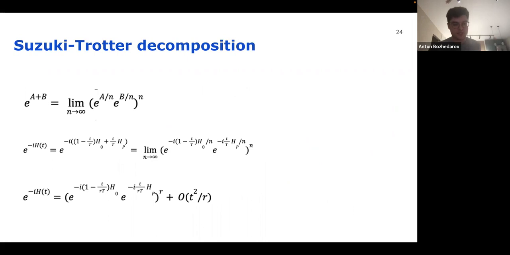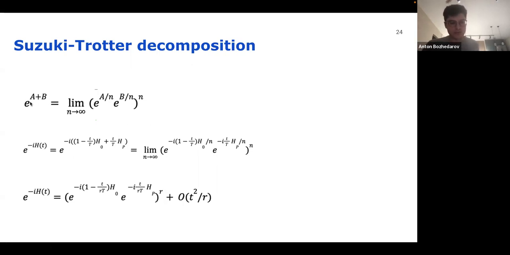discretization of this quantum adiabatic evolution process on a universal quantum computer. We will need at least one formula that is used to implement adiabatic quantum evolution on universal quantum computers based on discrete gates. This formula is known as the Trotter-Suzuki decomposition.